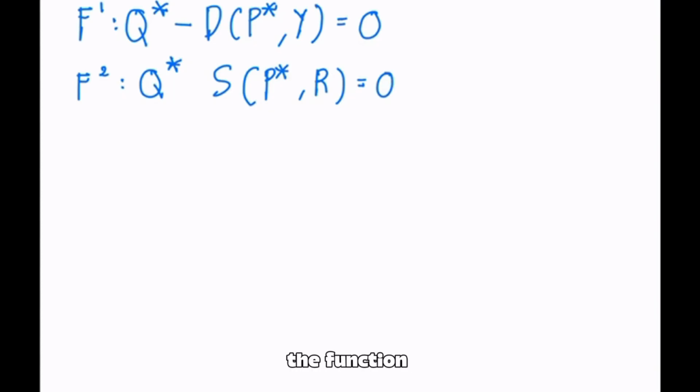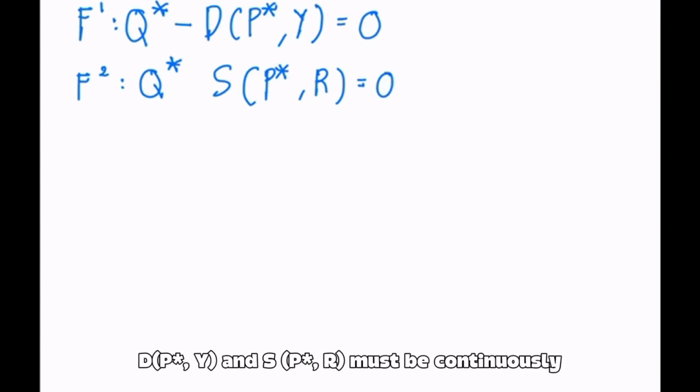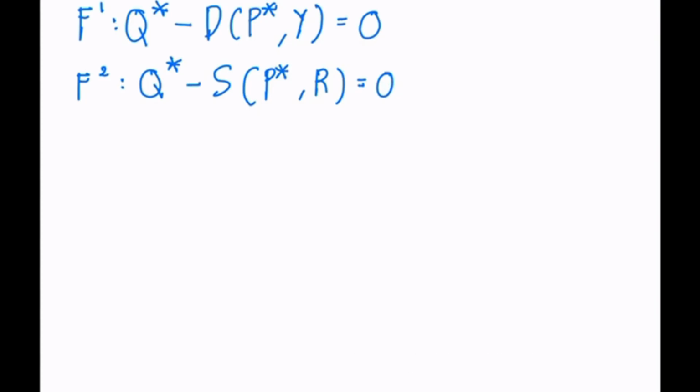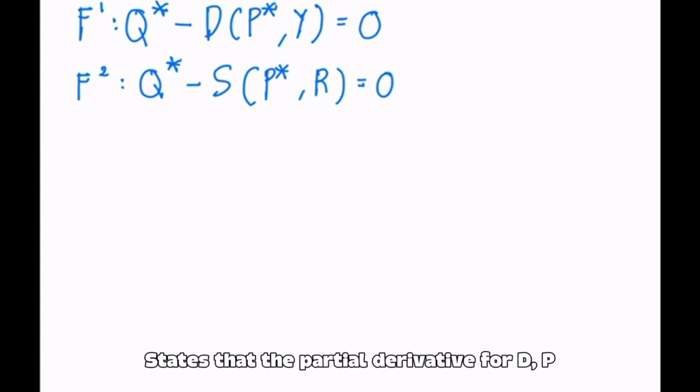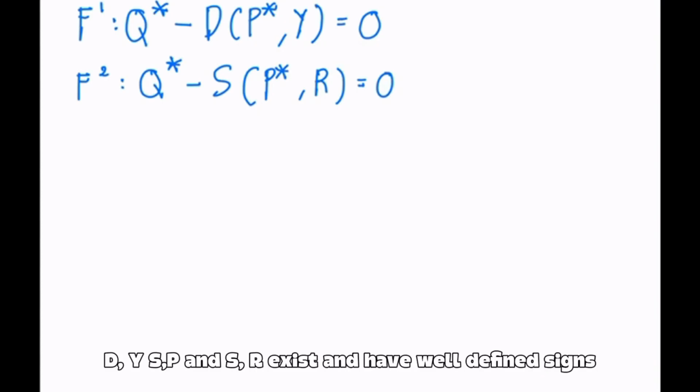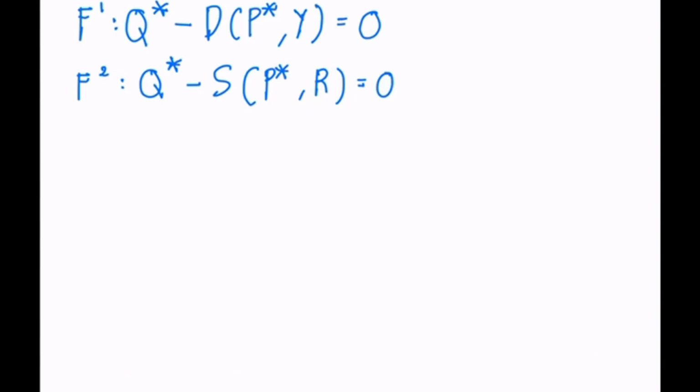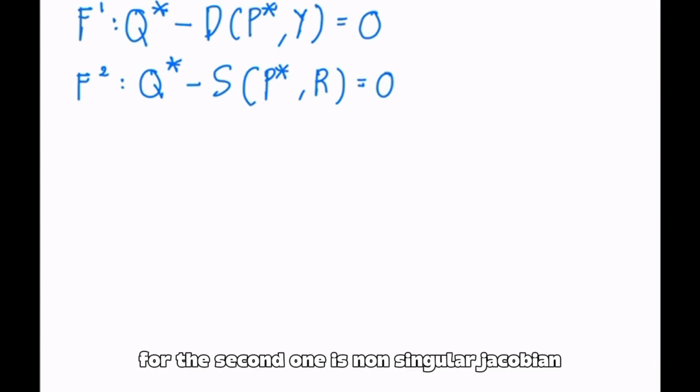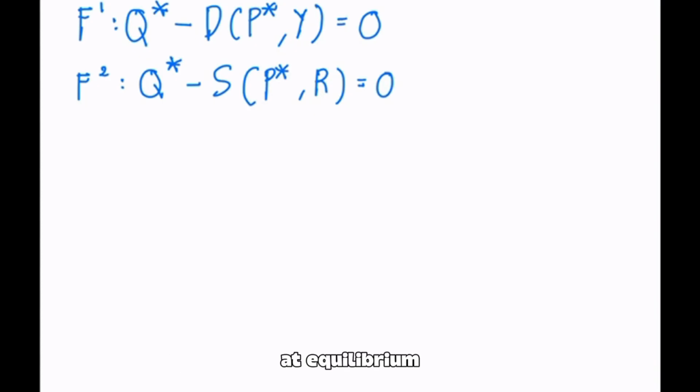The functions D(P star, Y) and S(P star, R) must be continuously differentiable. Given that the problem states that the partial derivatives D_P, D_Y, S_P, and S_R exist and have well-defined signs, we assume smoothness. The second is a non-singular Jacobian at equilibrium.